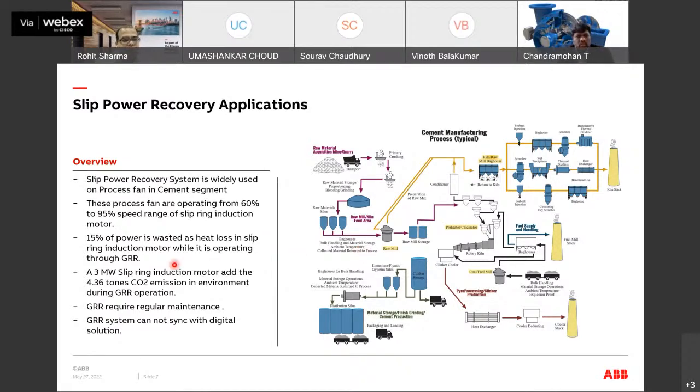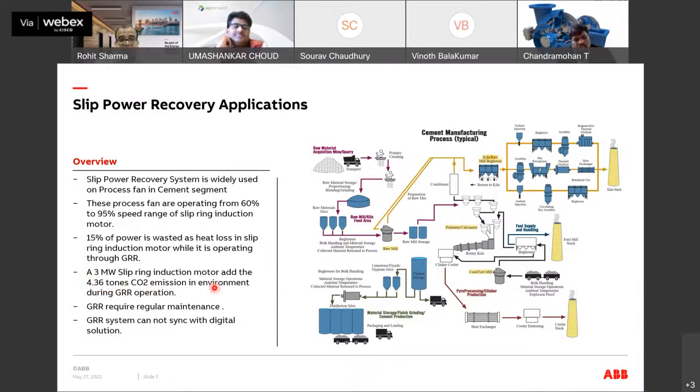So coming to the next, maximum 15% of energy is wasted as heat loss. If I relate it to a particular 3 megawatt slip ring induction motor, it is almost 4.36 tons of yearly loss or CO2 emission in the environment.